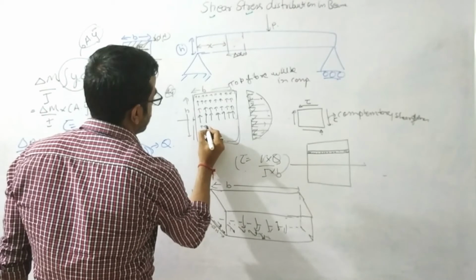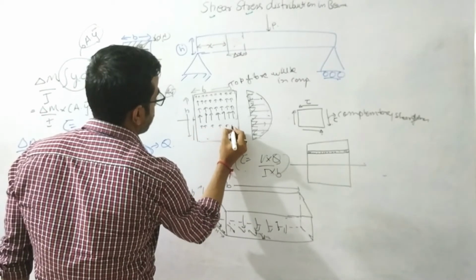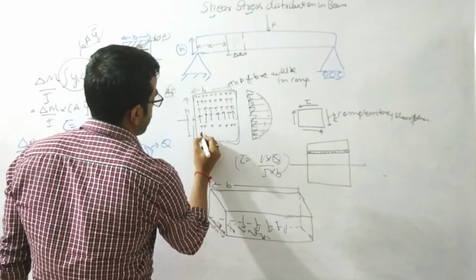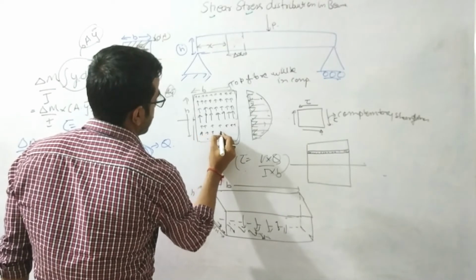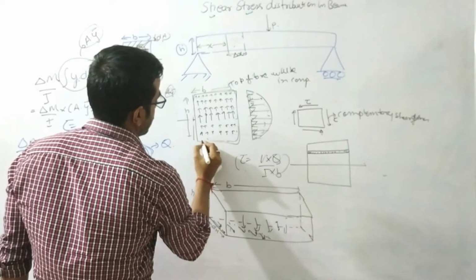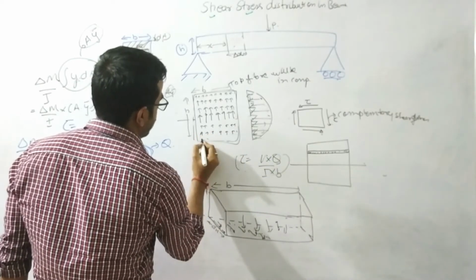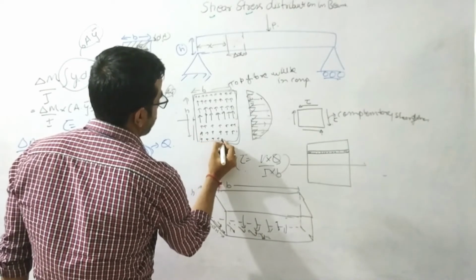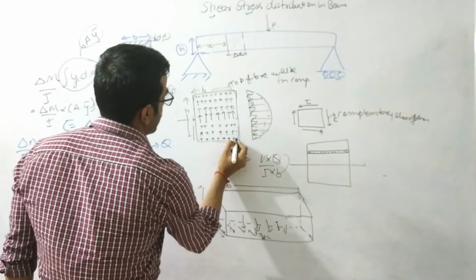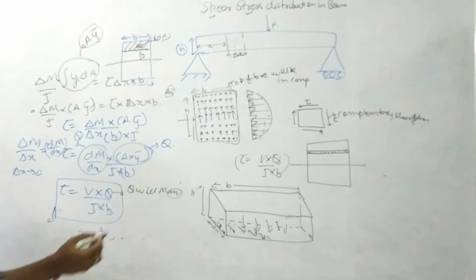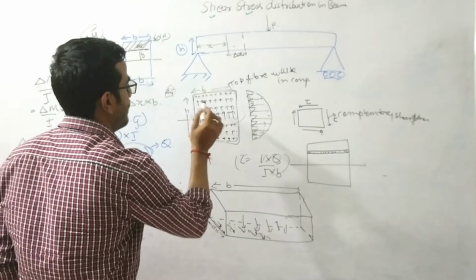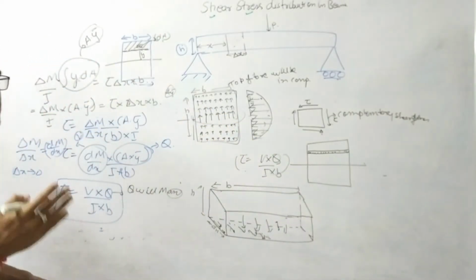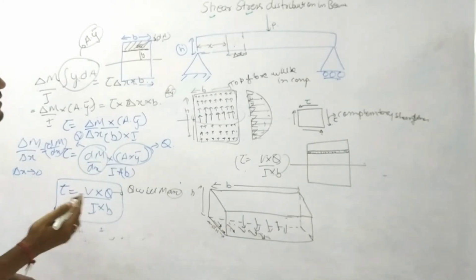Then again it will come down. So you can see that at the neutral axis portion, our shear stresses are maximum. So this is the distribution of the vertical shear stress, how shear stress is distributing.